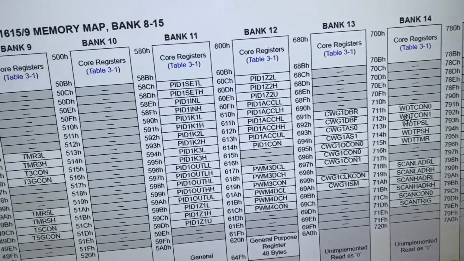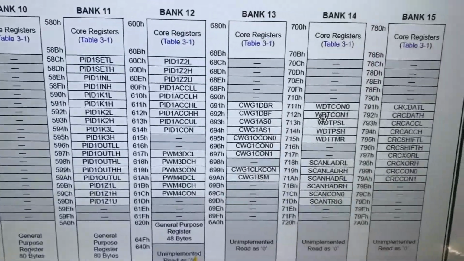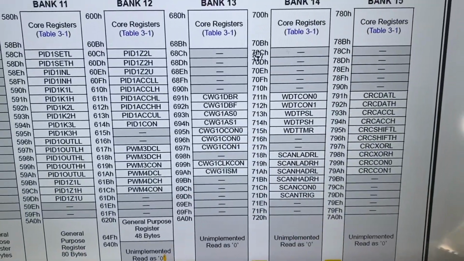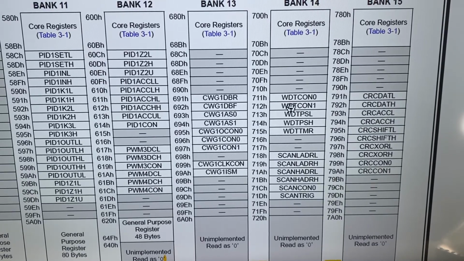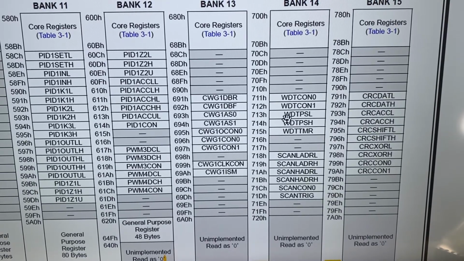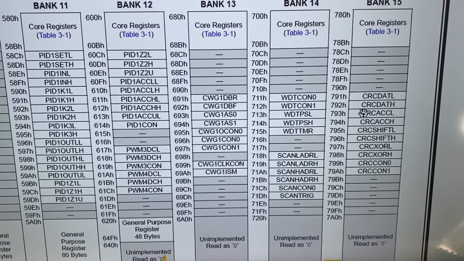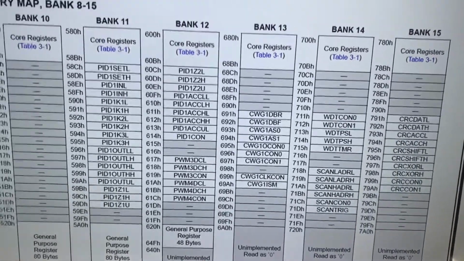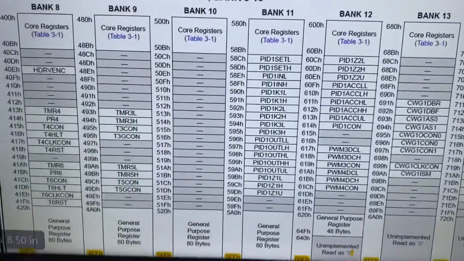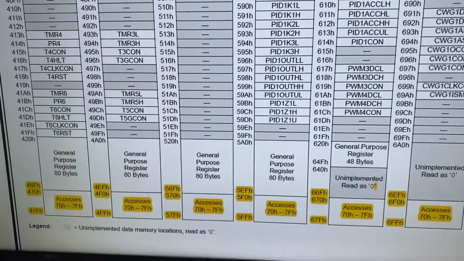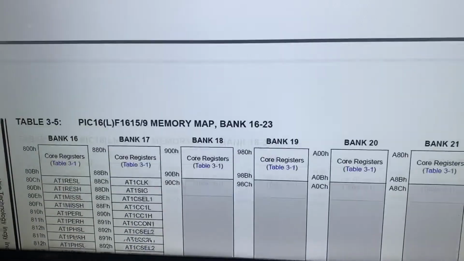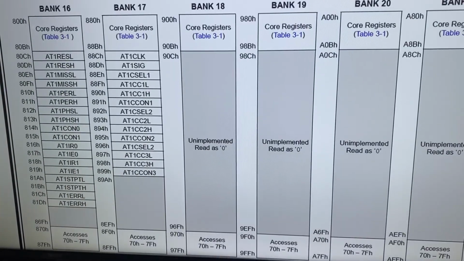The watchdog timers. Let me move this a little bit. The watchdog timers are here. Another register set called SCAN, these are CRC, for configurable logic, and there are other banks too, like bank 16.